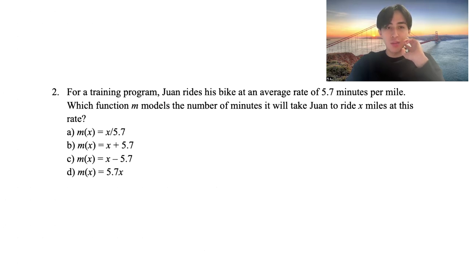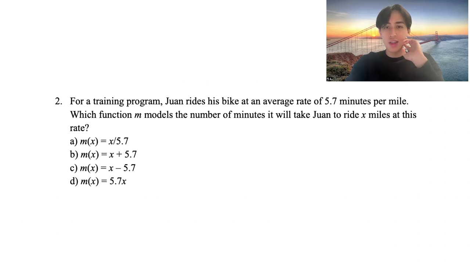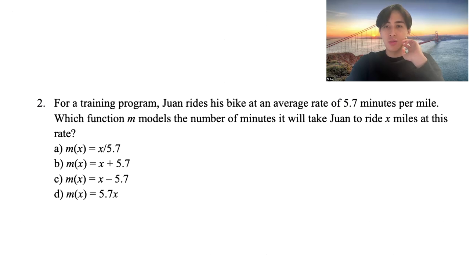For a training program, Juan rides his bike at an average rate of 5.7 minutes per mile. Which function M models the number of minutes it would take Juan to ride X miles at this rate? Okay, so the rate is 5.7 minutes per mile.